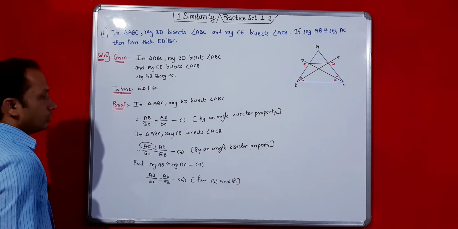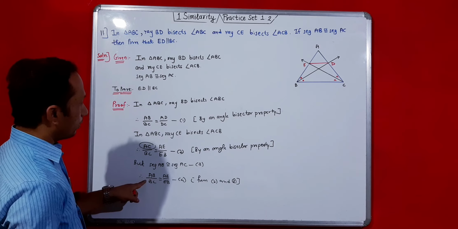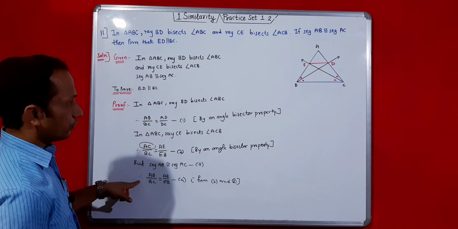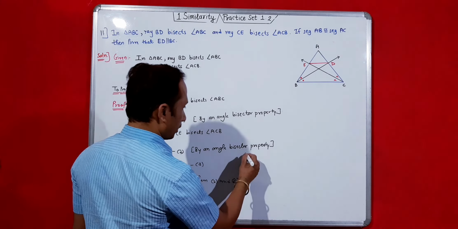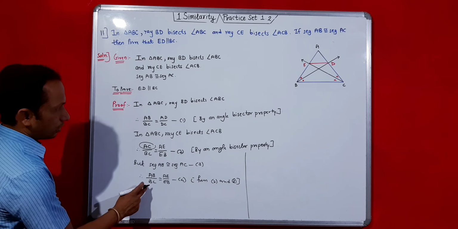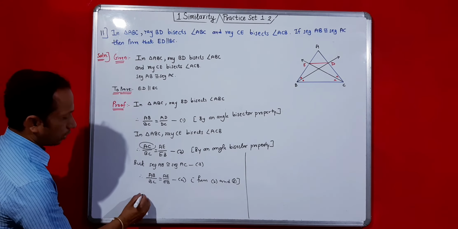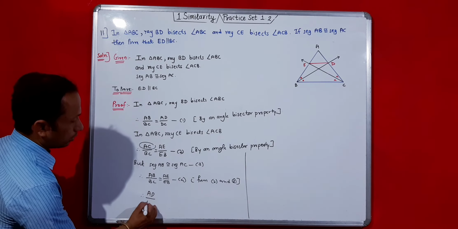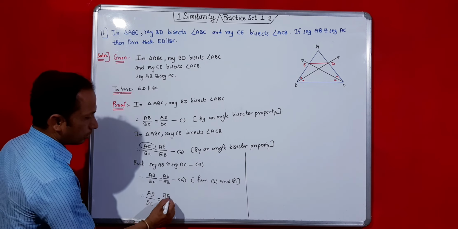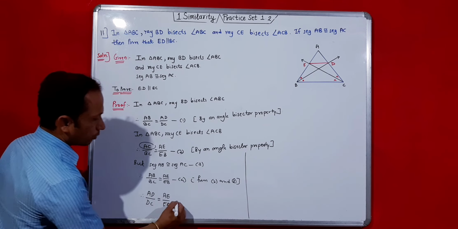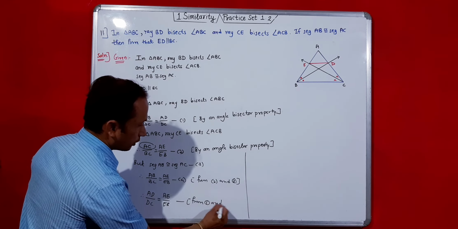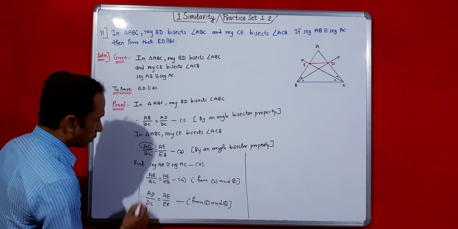Now see that this AB upon BC is present in both 1 and 4, therefore I will write AD upon DC is equal to AE upon EB, from 1 and 4.